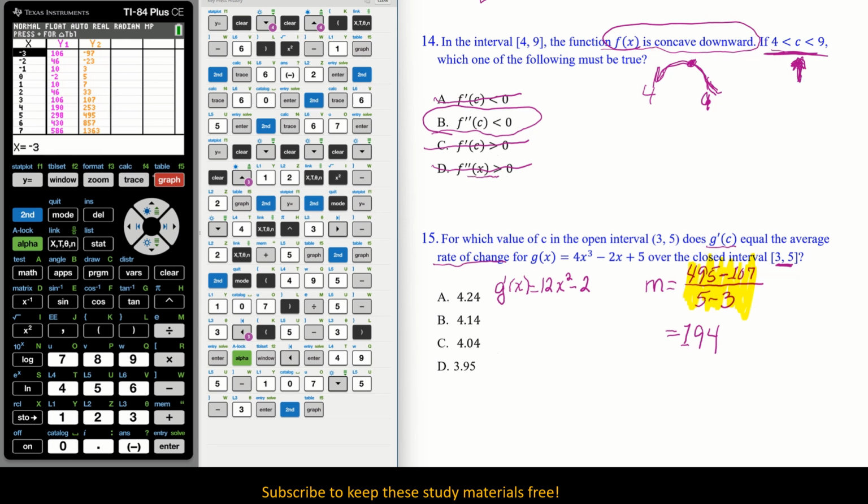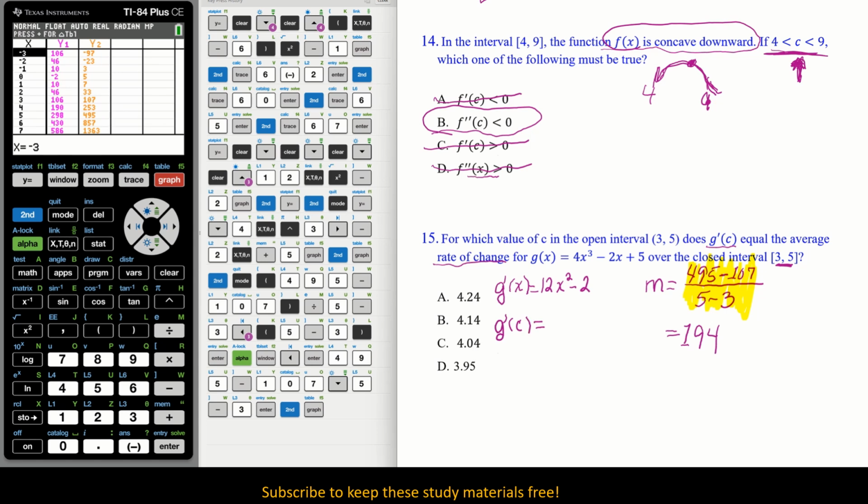For which value of C in the open interval can we get the 194? So this is what's really going on, guys. We've got our G prime, and our C is here.